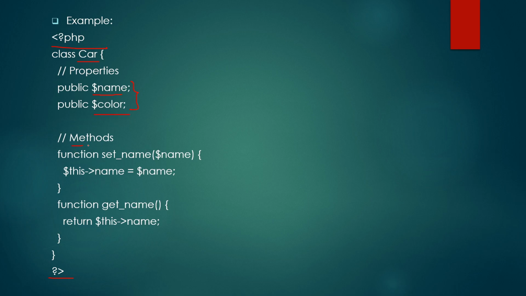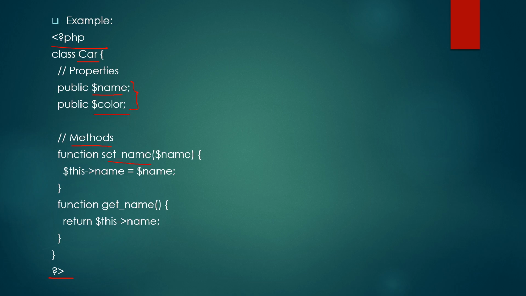Now we have methods. Methods are nothing but functions that are used to perform some operation on the data. So here I have created a function called set_name, and it is taking one argument.